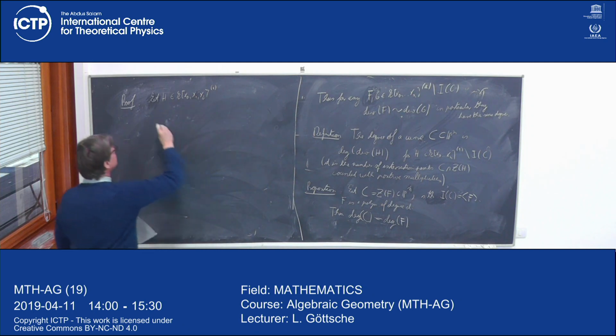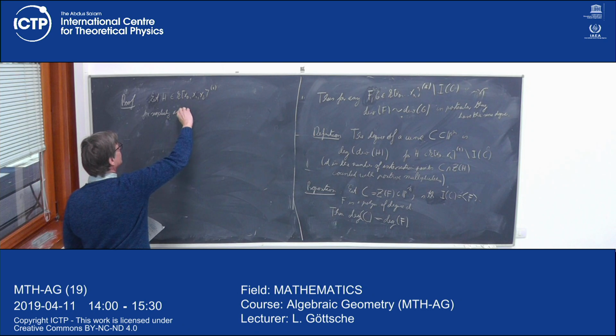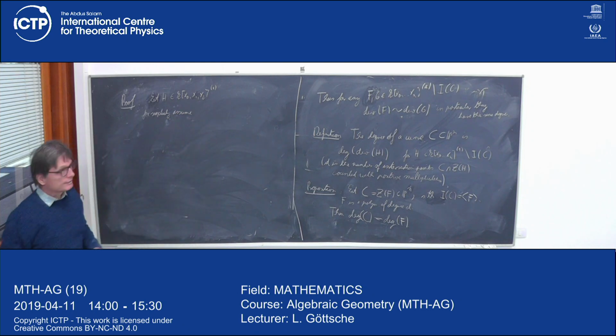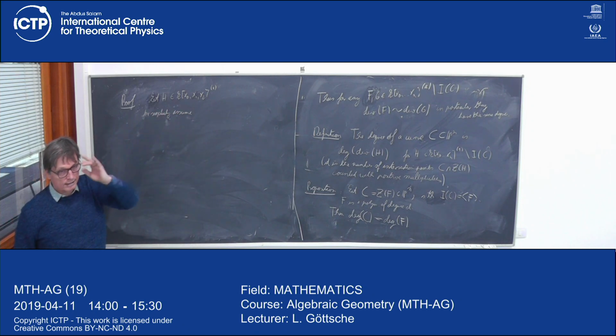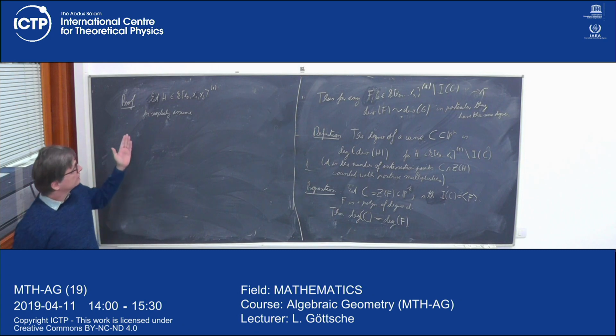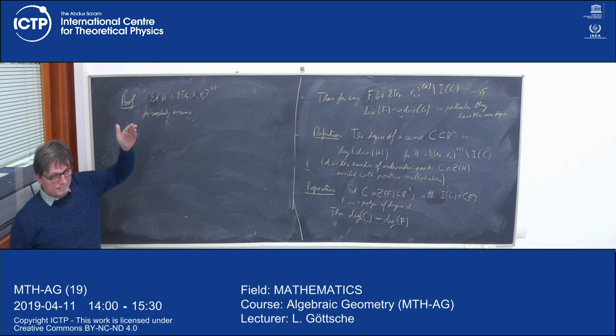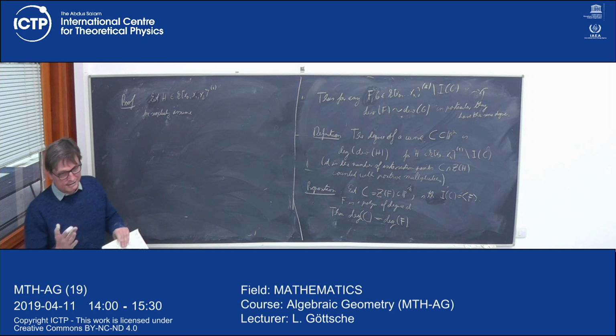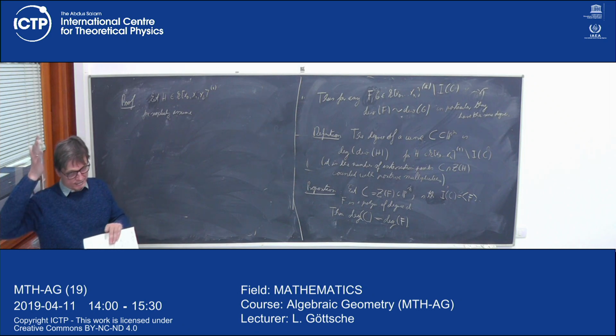And for simplicity, assume that all the intersection points of these two lie just in one chart. We can arrange that, because there are only finitely many intersection points, and we could make a linear transformation.